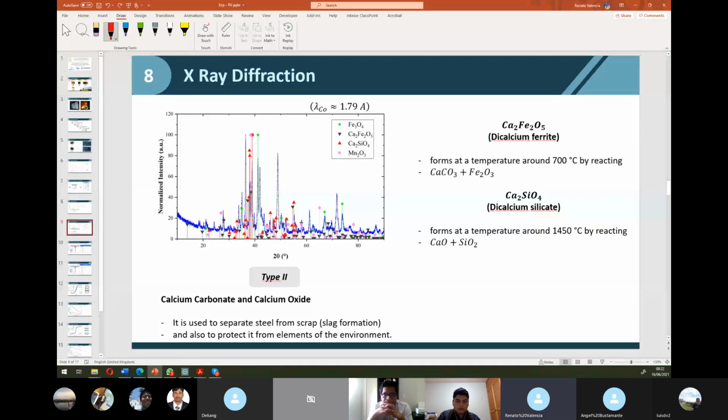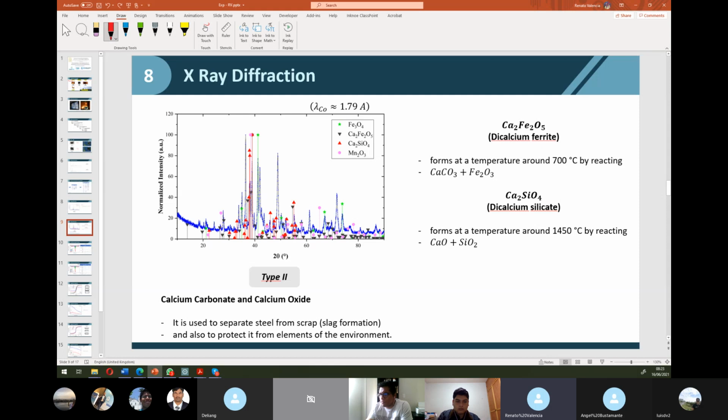In the type 2 sample, the black slag sample, we have magnetite, calcium ferrite, calcium silicate, and manganese oxide. We also have compounds with calcium, calcium carbonate and calcium oxide.